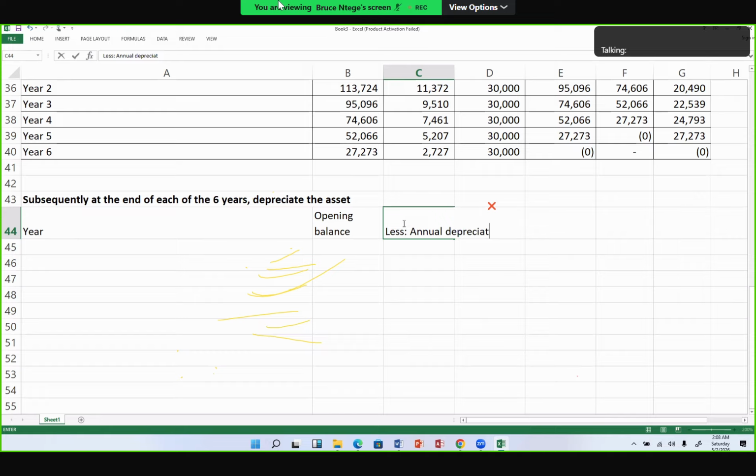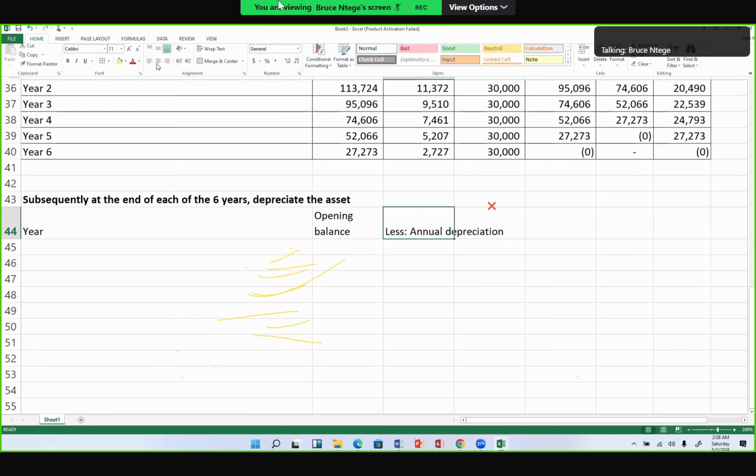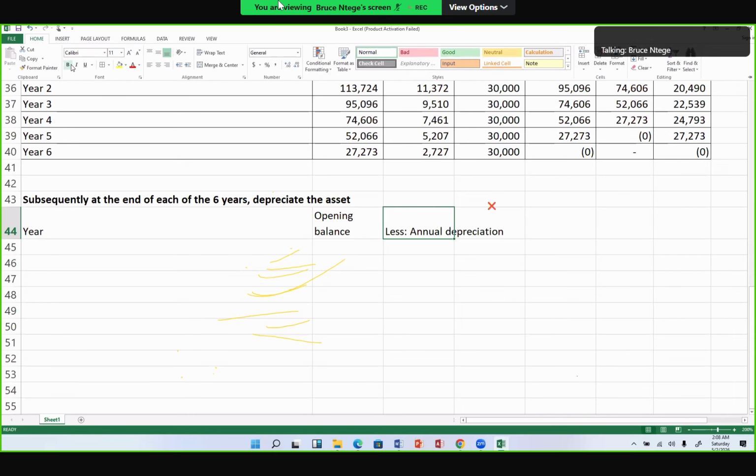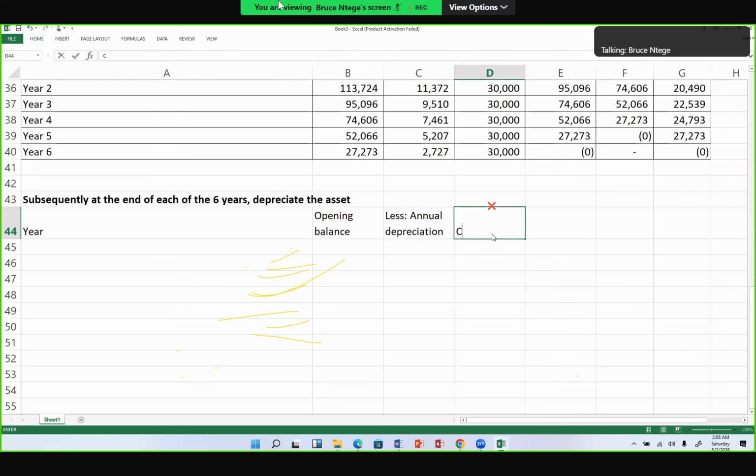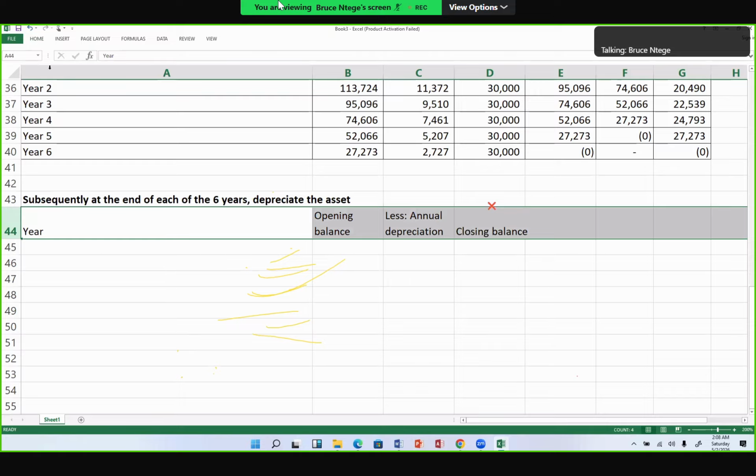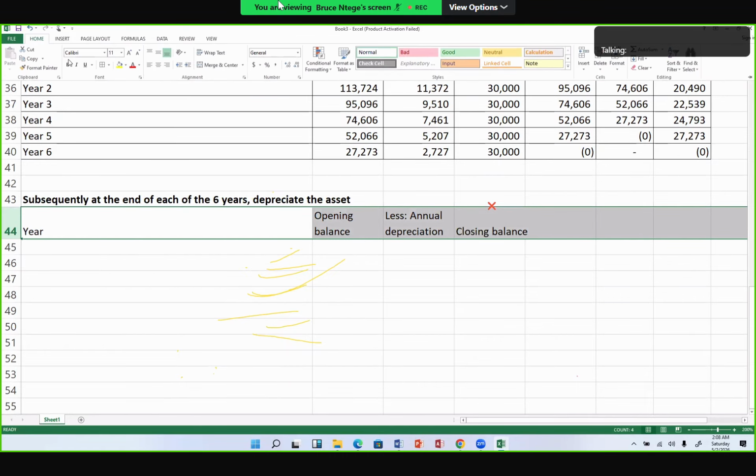So this should be able to give me the net book value at the end of the year, or what we call the closing balance. Again, you're picking all your 6 years.